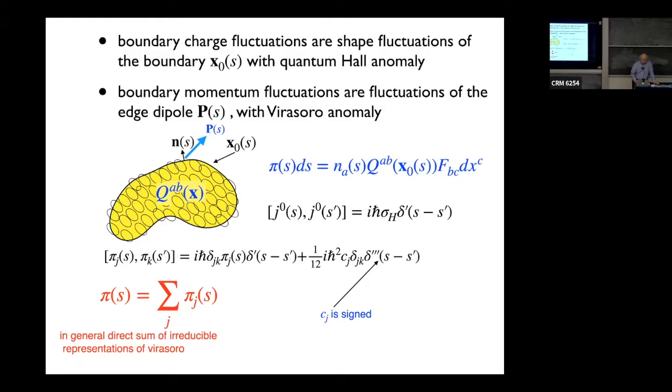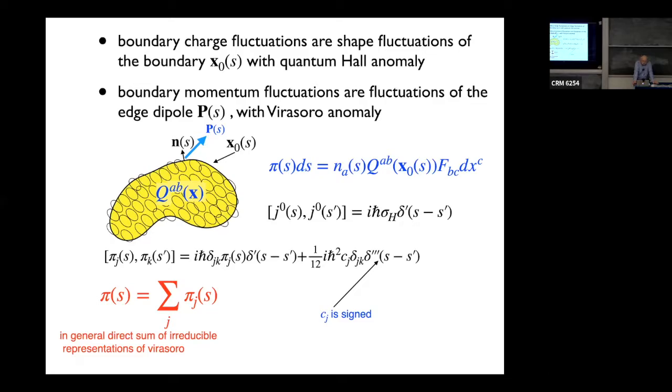There's the edge current anomaly, which is a kind of U1 version of a Kac-Moody algebra, and with the correct units put in, its anomaly is just the quantum Hall conductance. And the second anomaly is the momentum anomaly.